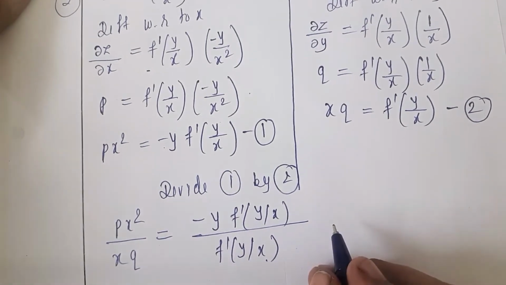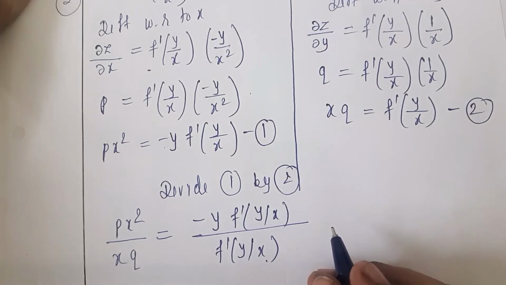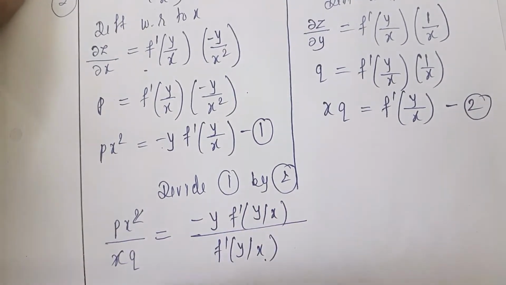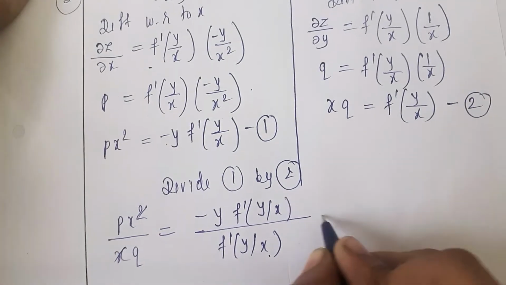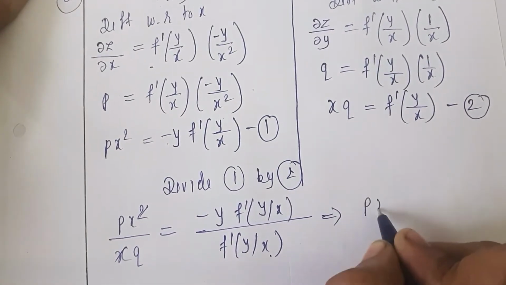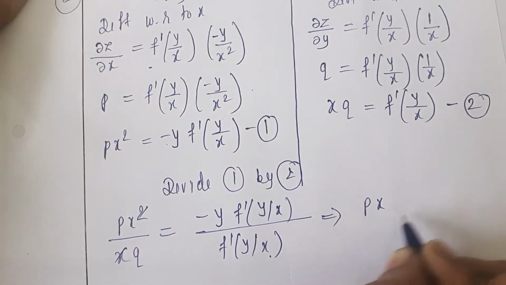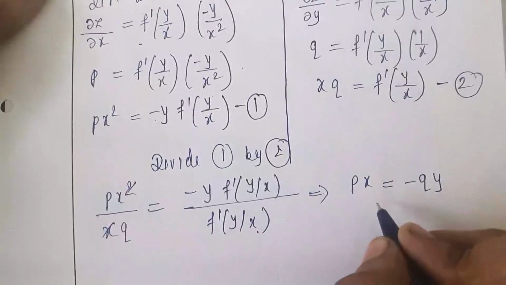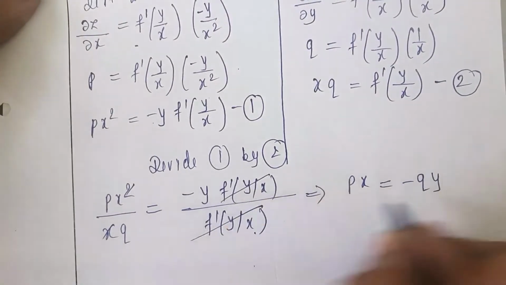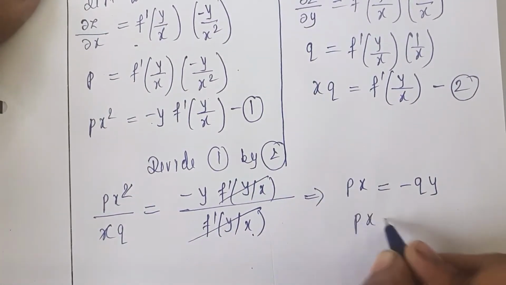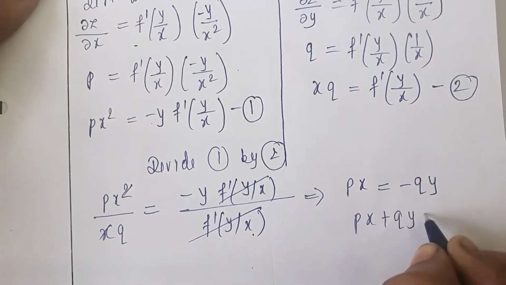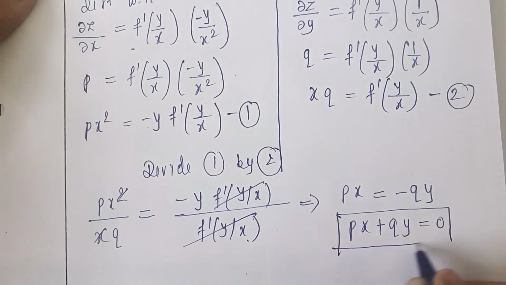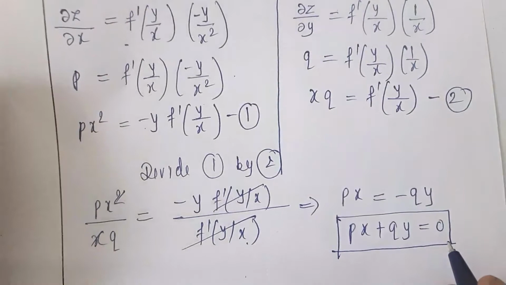So x, 1 x will get cancelled, px is equal to minus of qy. So it can be written as px plus qy is equal to 0. So this is a PDE of order 1 after eliminating arbitrary function f.